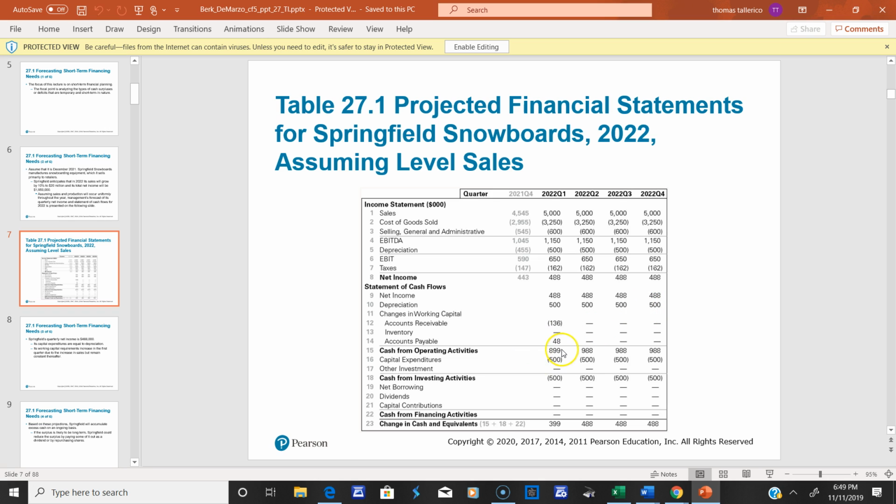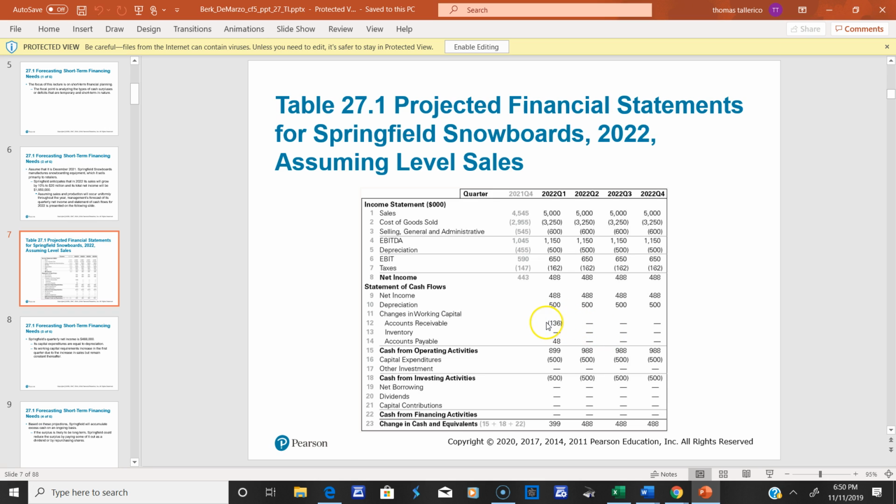You'll notice the depreciation and capital expenditures here are a wash. This is negative and this is positive. Here is the accounts receivable, and the accounts payable is over here. You'll notice that the change in net working capital is negative over here, and it doesn't change. There's basically no change for the next 3 years.